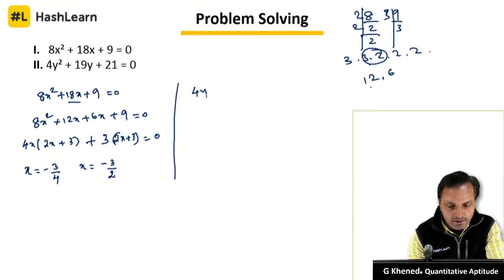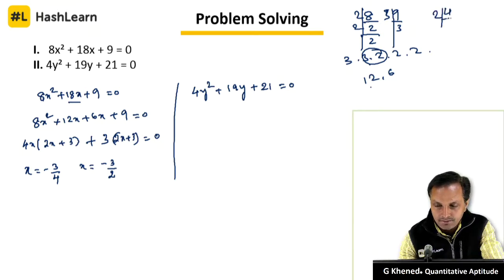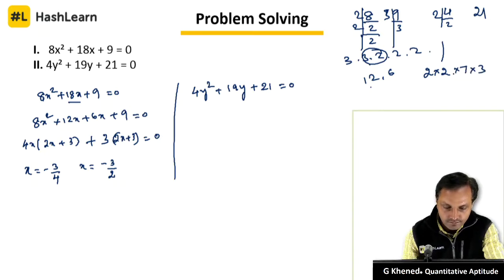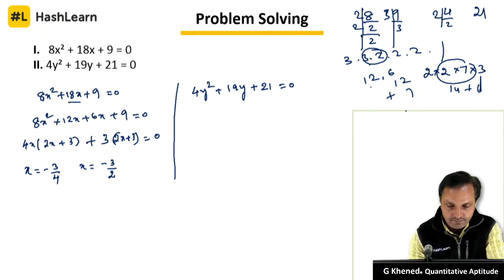Solve the second equation similarly. So you should do the factors. Factors for 4 are 2 and 2, and 21 is 7 into 3. You should get 19: 7 into 2 is 14 plus 3 2s are 6, no. 12 plus 7, 19.